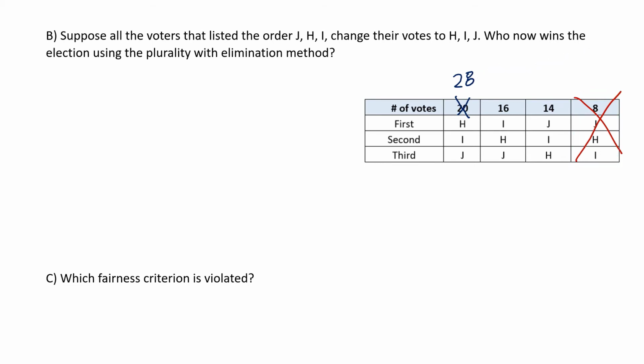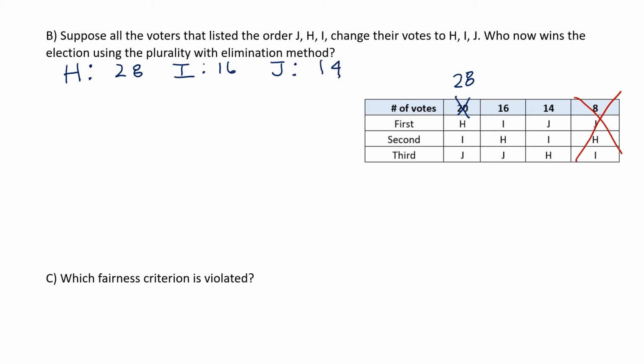Let's do the plurality with elimination again. We have for H, the number of first place votes with the new preference table is 28. For I, first place is 16. And for J, the first place is 14.